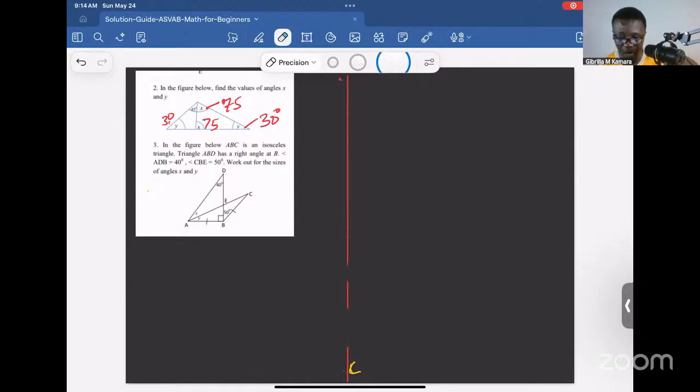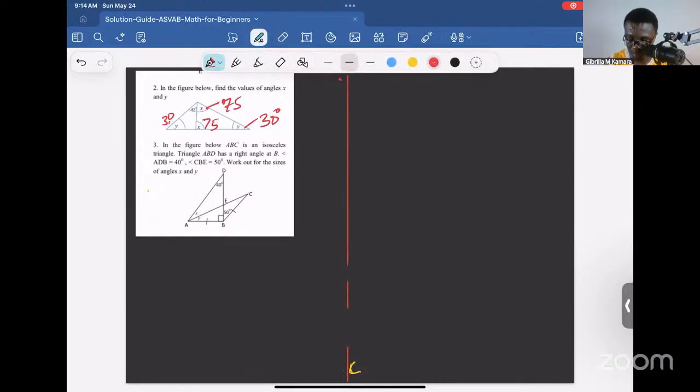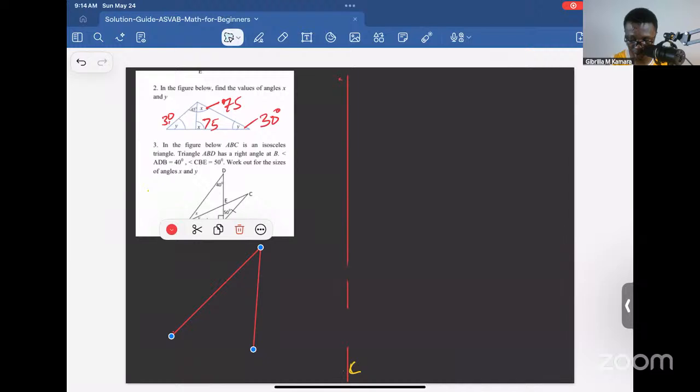So we always start by drawing the diagram so you guys can see it clearly. So we have this, and this looks like a straight line here. Then I need to extend this a bit.